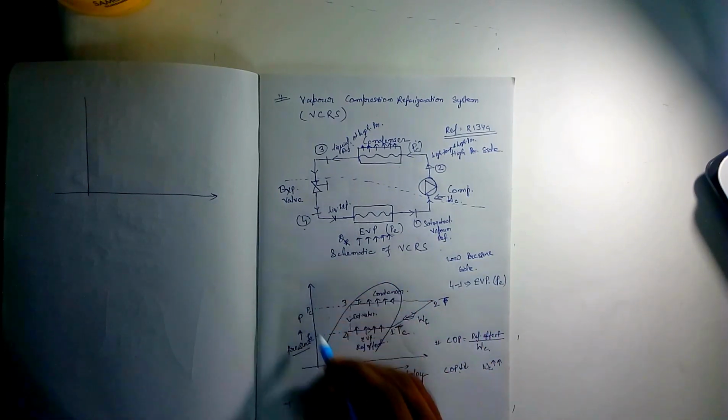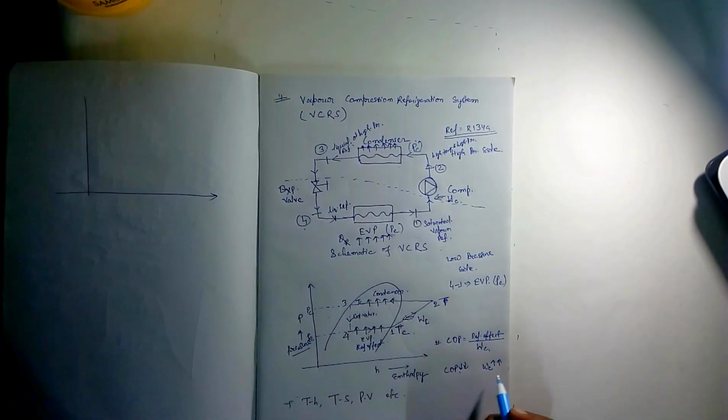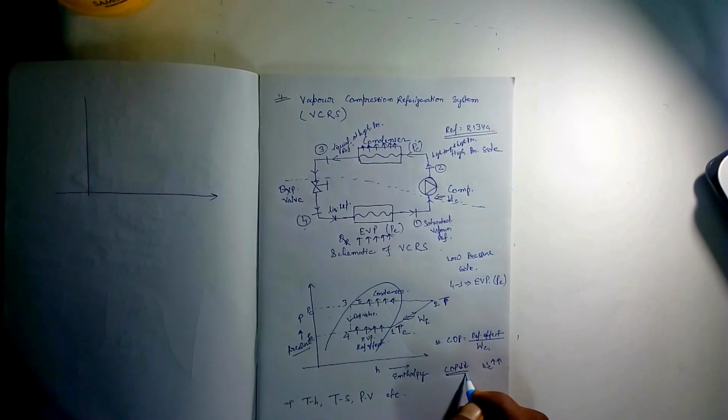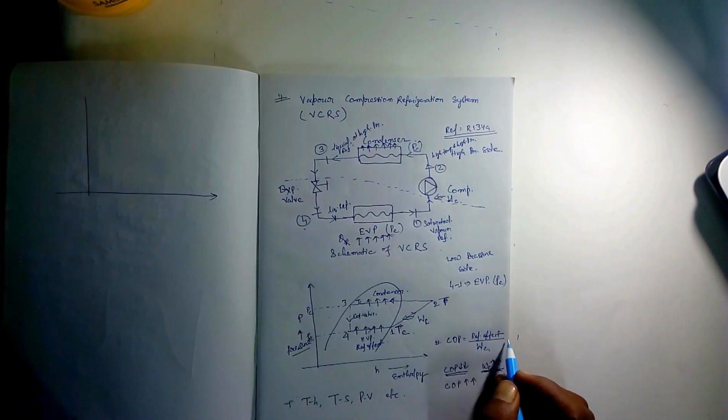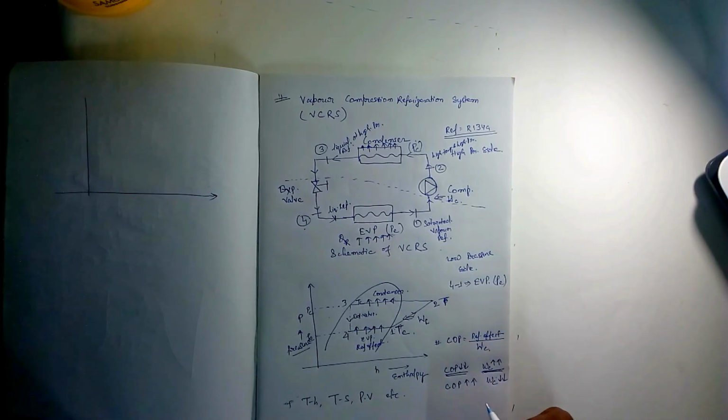So in any refrigeration cycle, our main motive is to reduce the work of compression. As we reduce the work of compression, our COP automatically increases. So our main intention is to reduce the work of compression or to increase the refrigeration effect. This is the basic of VCRS.